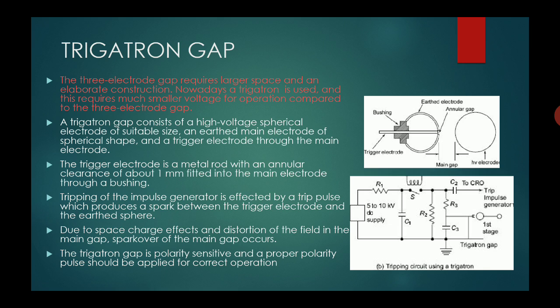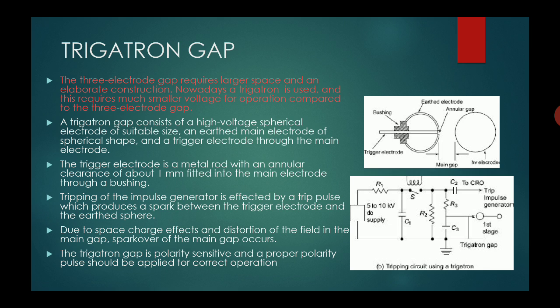The trigatron is shown on the right hand side. The trigatron gap consists of a high voltage spherical electrode of suitable size and an earthed main electrode of spherical shape and the trigger electrode through the main electrode. You can see there are 3 different electrodes present there.